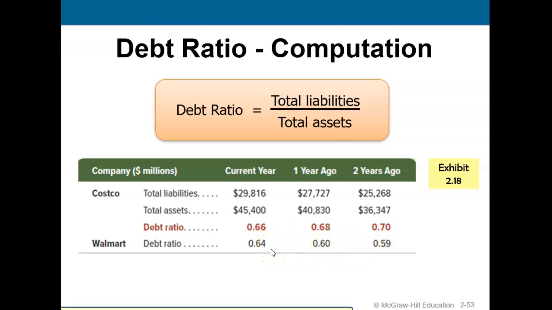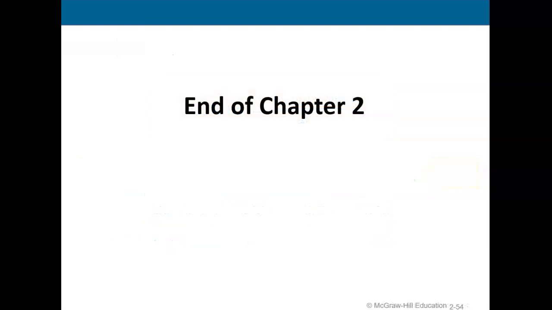So when we look at risk, and not to say that Walmart is in financial trouble at all, but when you begin to look at this, you can say, okay, well, Costco is poised to be in a better situation to pay its debt than Walmart might be in the event of the need to have a liquidation or something. And that concludes Chapter 2.